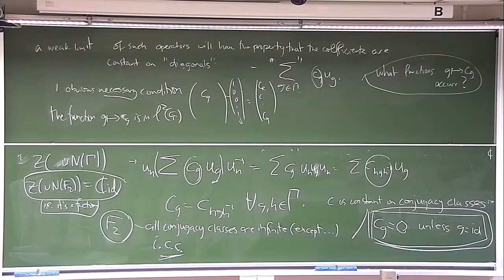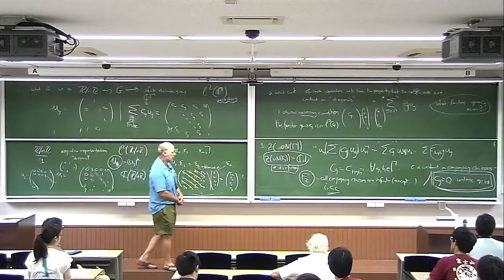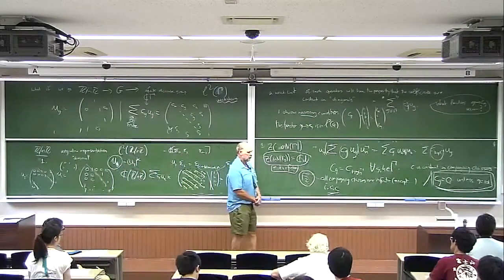Braid group, but once you've got rid of the trivial stuff, it will have infinite conjugacy classes. The infinite symmetric group, finitely supported permutations of an infinite set, obviously has infinite conjugacy classes. So all of these groups give examples of factors.